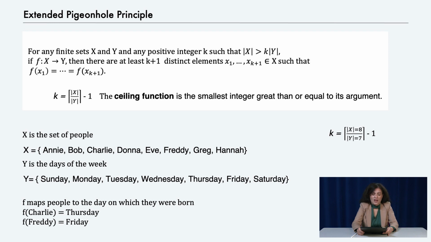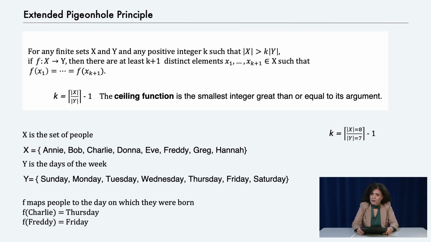We can generalize this principle, and this is called the extended pigeonhole principle. For any sets X and Y, and any positive integer k, such that the cardinality of X is greater than k times the cardinality of Y, if we have a mapping from X to Y, then there are at least k plus 1 distinct elements in X that map to the same element in Y.